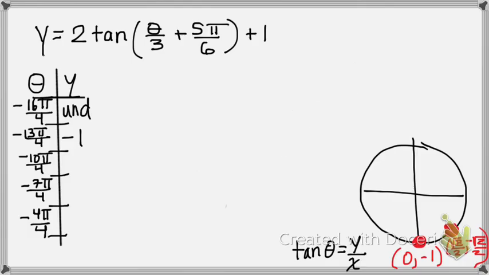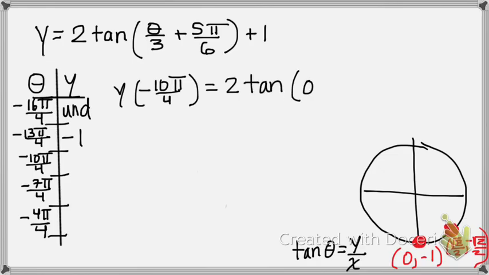And the next point, y of negative 10 pi over 4. And that's equal to 2. And just trust me, its tangent is 0. You can look at that, plug that in and figure it out, but it's going to be 0.